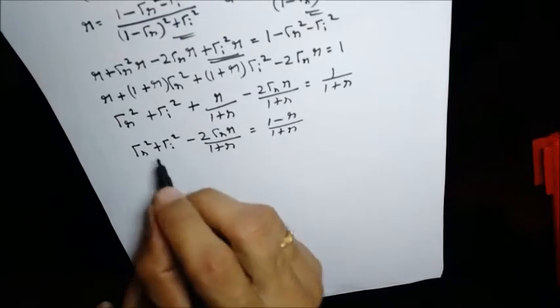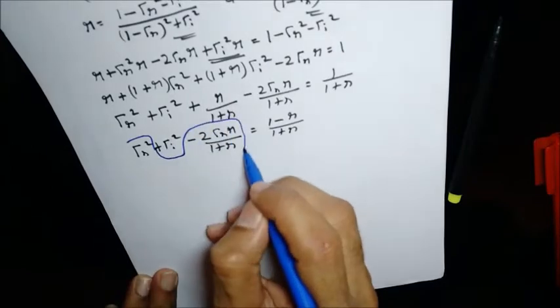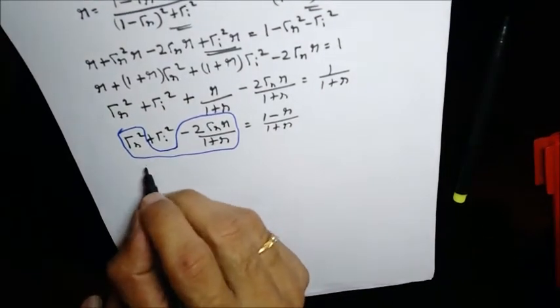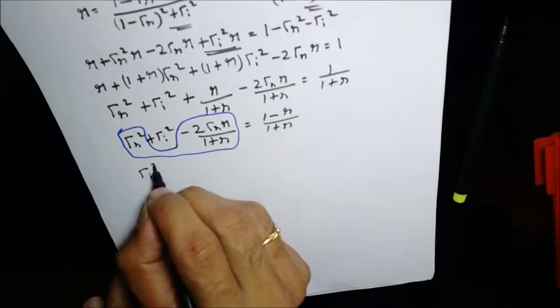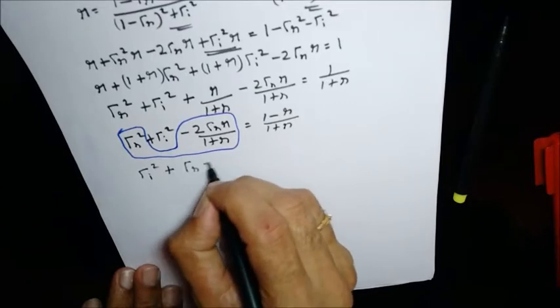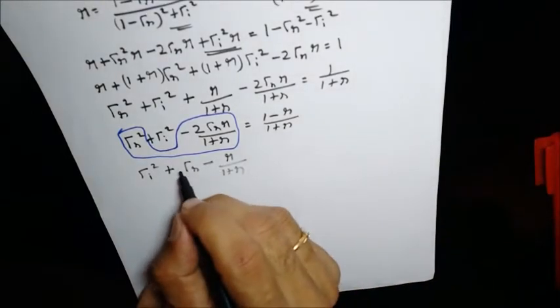Now if you look at these two terms here, you can use the method of completing the squares, which you should have studied in your high schools. You can write it as plus gamma r minus r by 1 plus r whole square.